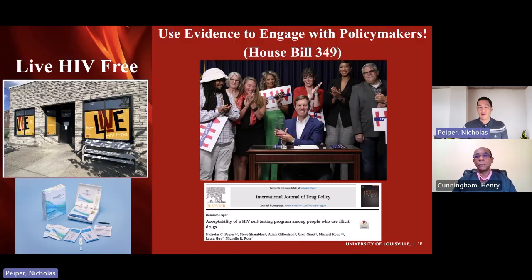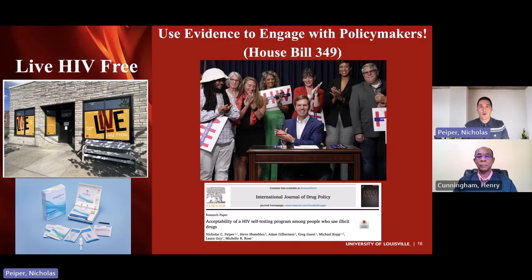So a lot of the work that we did in Live HIV Free actually served as the scientific foundation for House Bill 349, which was passed in March of 2023. You can see to the right of Governor Beshear is Michelle Rose, who is the other principal investigator on this project.